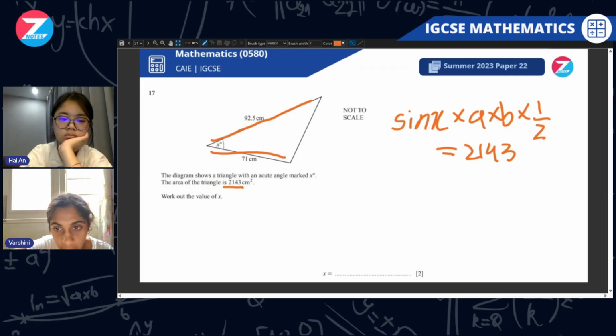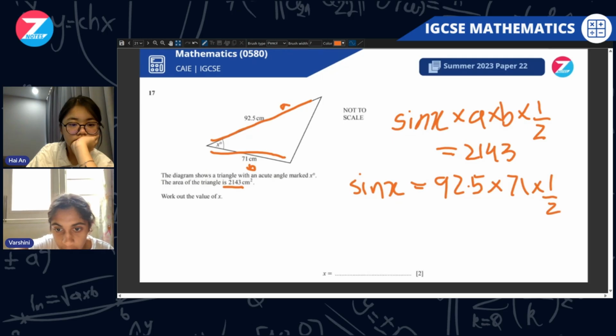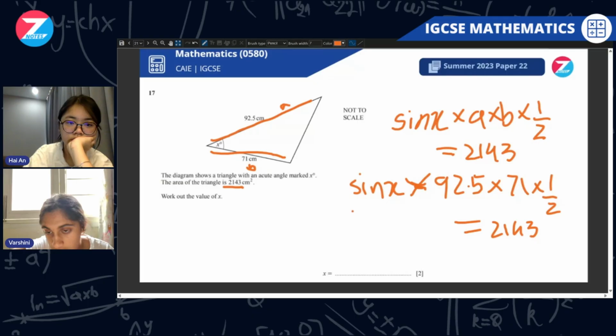Okay, so now all we have to do is substitute in the values and equate them. So these two sides, a and b. So now we can say sine x, sorry, not equals to, sine x into this is going to equal 2143.